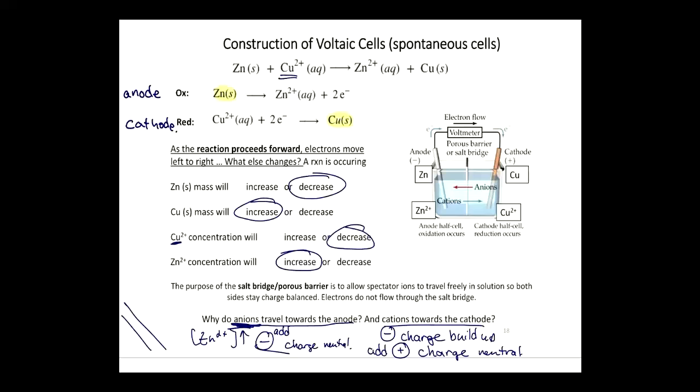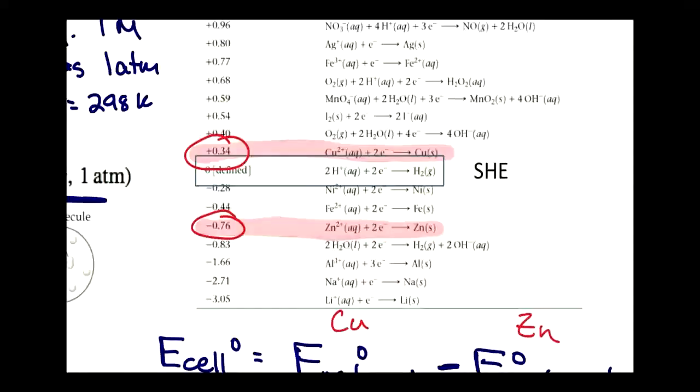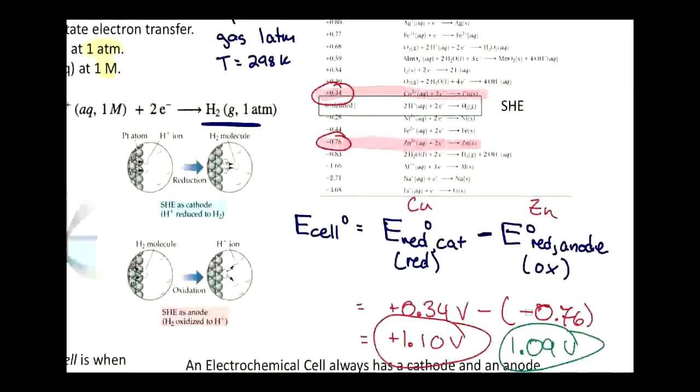Right now we're just harnessing that movement of electrons, but we can also calculate the cell potential, the voltage, that's produced. As a comparison, if we calculated the standard cell potential for this cell with copper and zinc, we would get a value of 1.1 volts, with zinc being the anode and copper being the cathode.